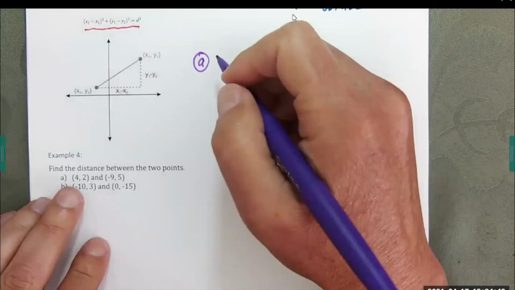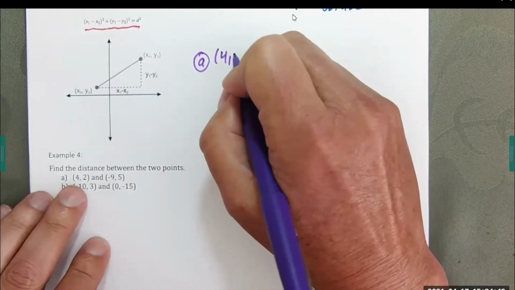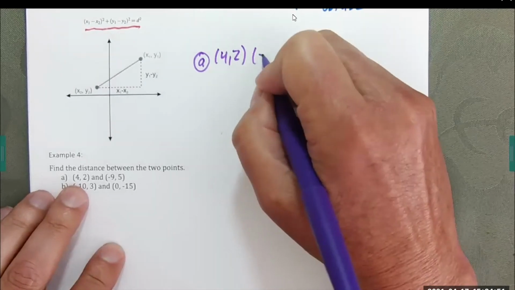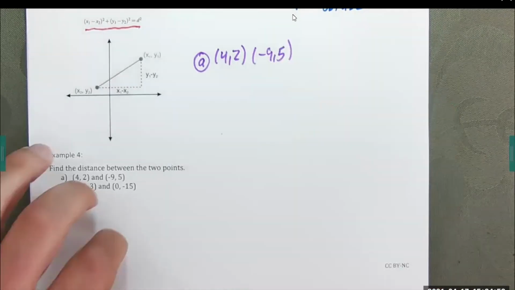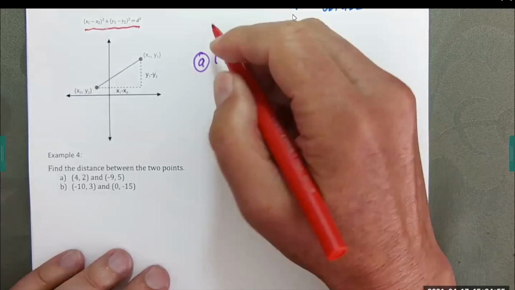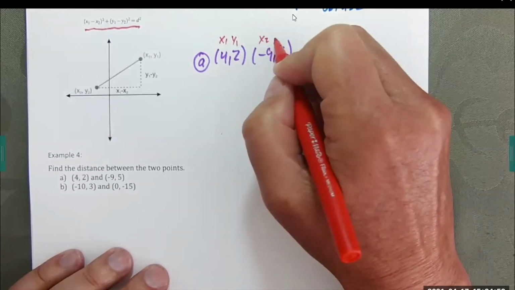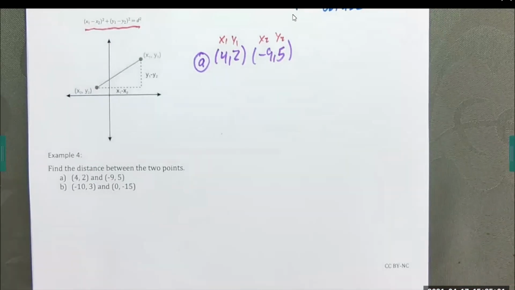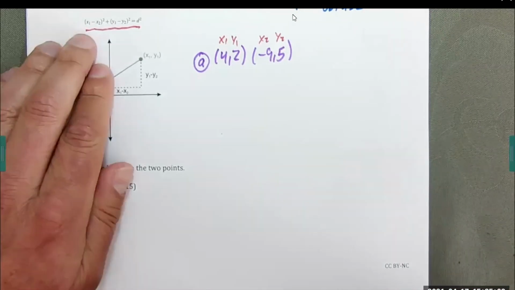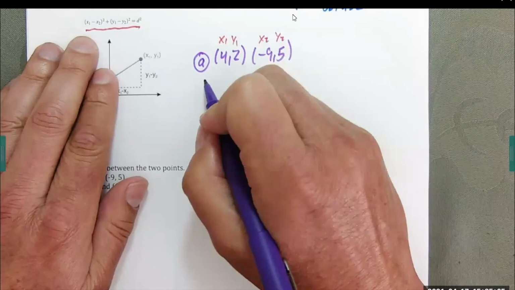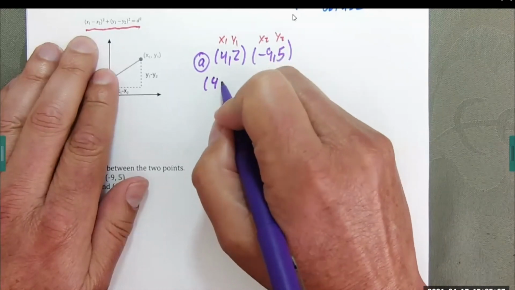And so here we have the 2 points, (4, 2) and (-9, 5). And I'm going to label this x sub 1, y sub 1, x sub 2, y sub 2 for my formula here. So I'm going to go 4 minus -9.